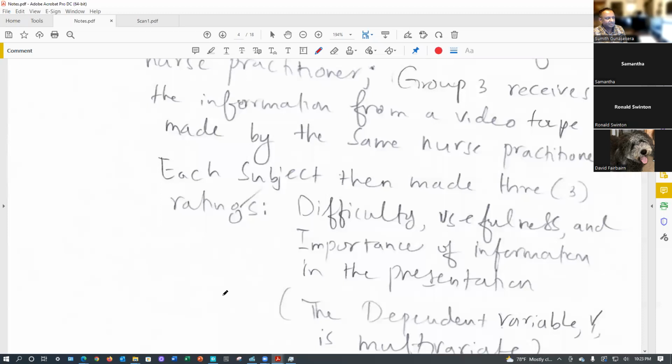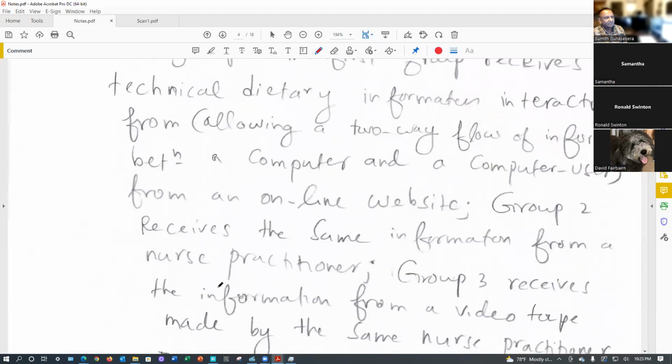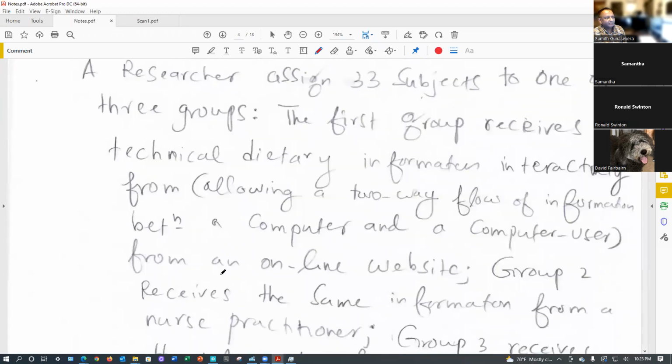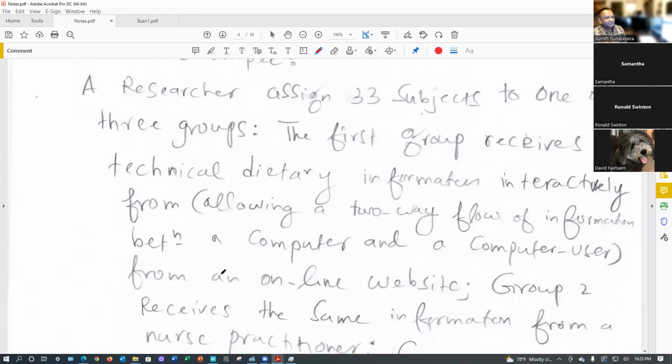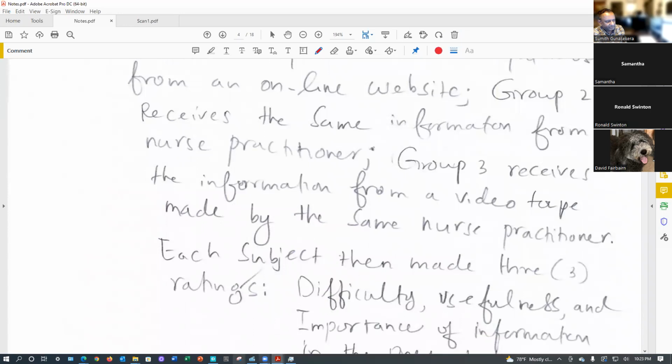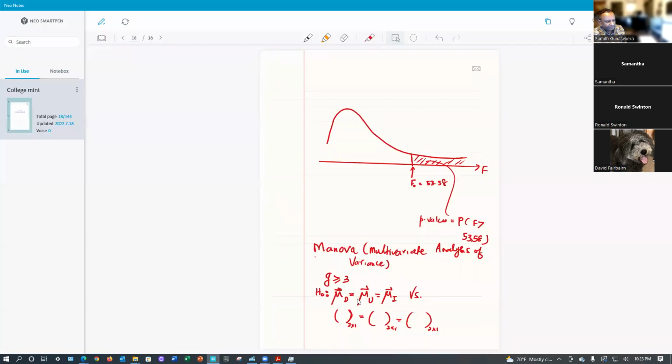What are the variables? Sorry, the first group received technical data. Oh, I'm sorry. No, this is not the right way. I made a mistake. These are the 3 groups. I didn't read this one very carefully.